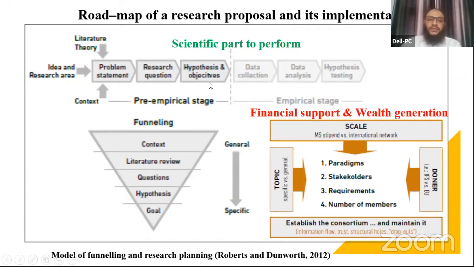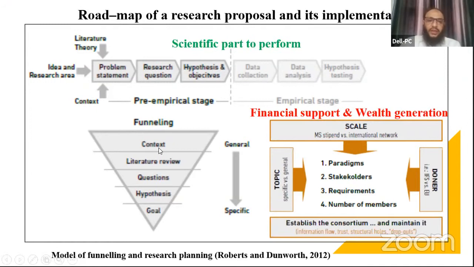If these objectives are going to be solved, then the collected data is going to be analyzed, and then hypothesis testing, and then final knowledge development is going to be handled. So this part of the empirical stage is going to generate a knowledge source.